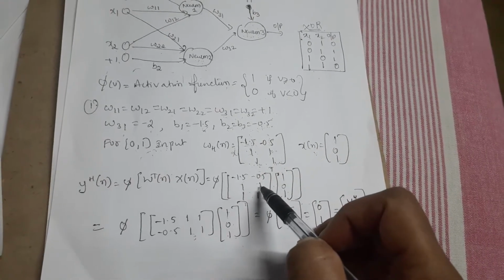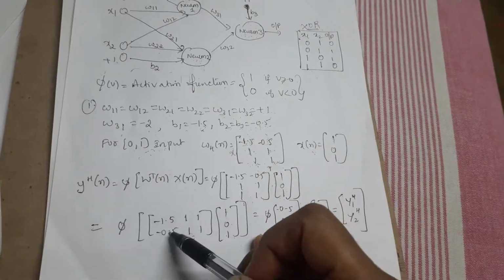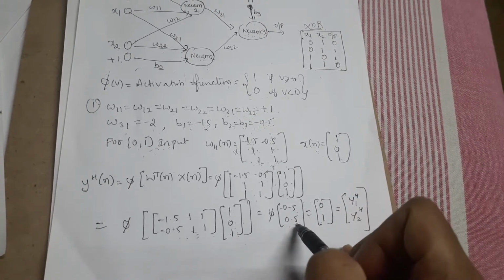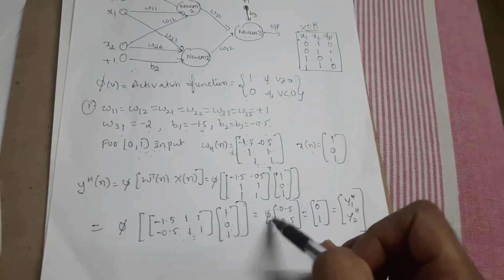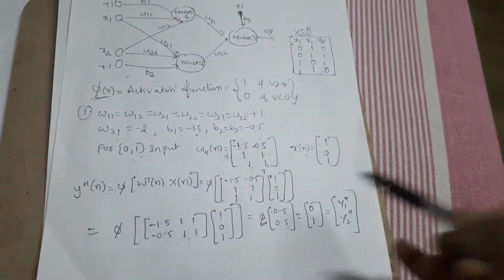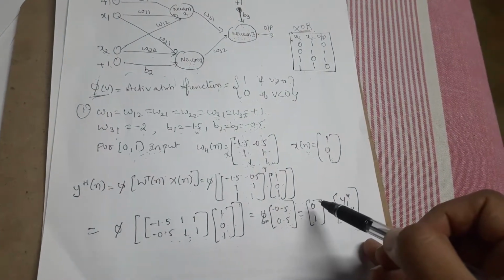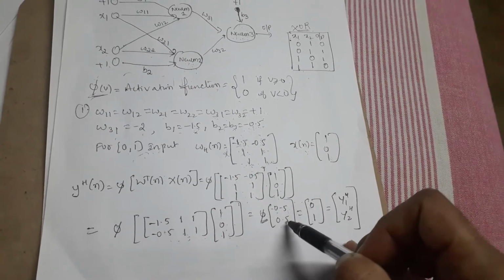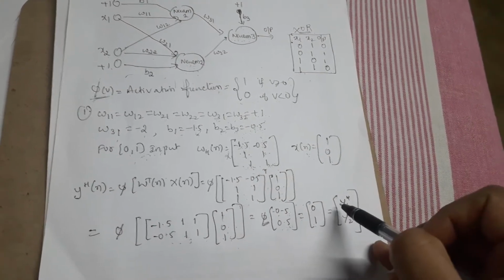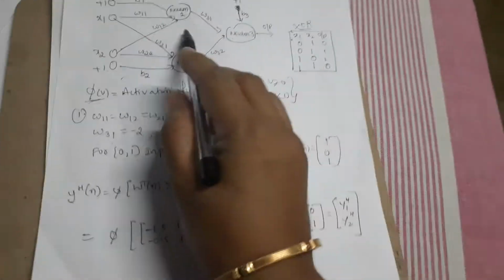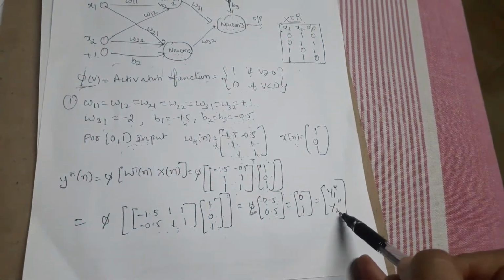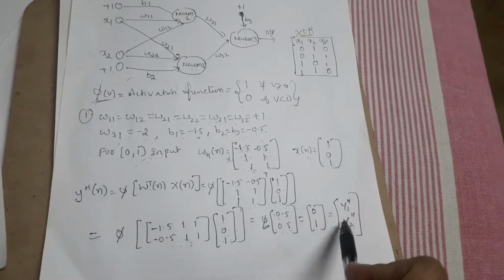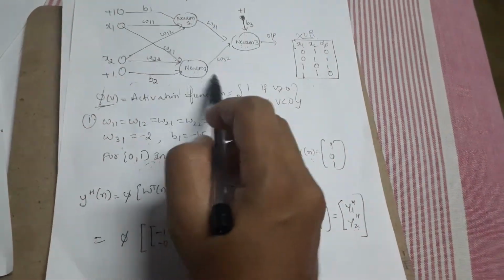First perform the transpose of the weight and the input, then multiply. Now apply the activation function: if it is greater than 0, then it is 1, and less than 0 it is 0. Here the first value is less than 0, so the output of the first neuron is 0. The output of the second neuron is 1. These are labeled y1 and y2, the hidden layer outputs.